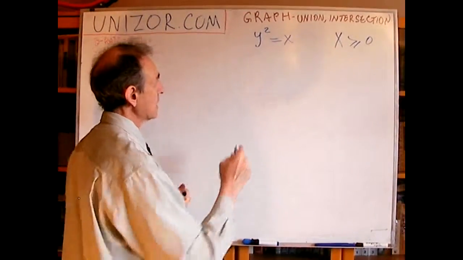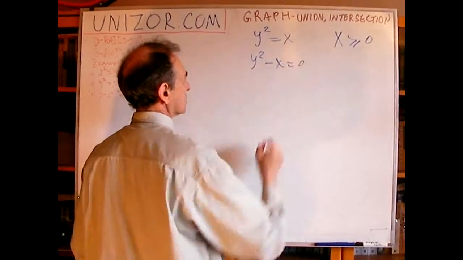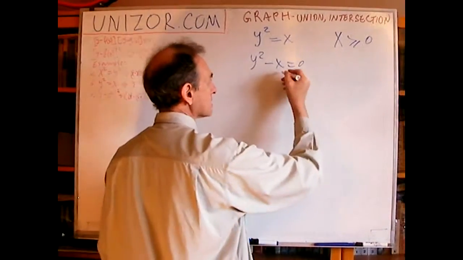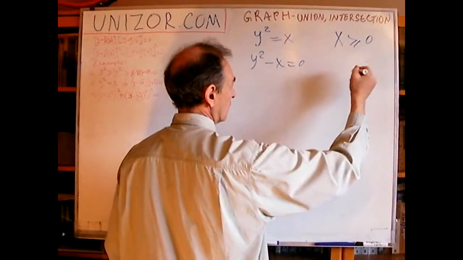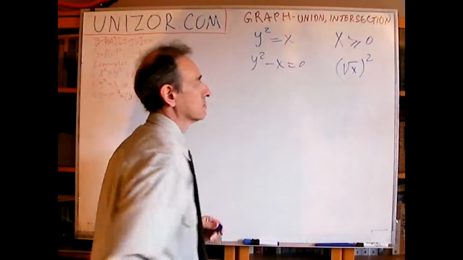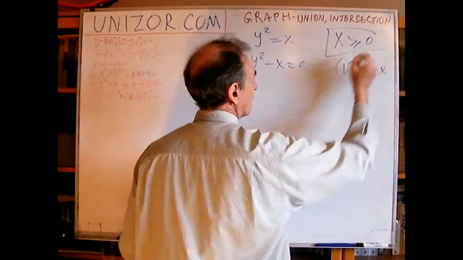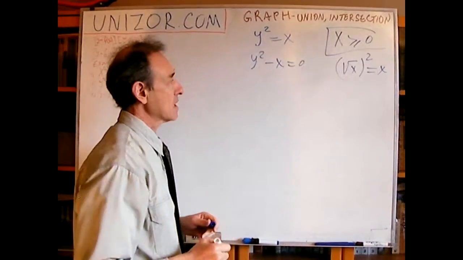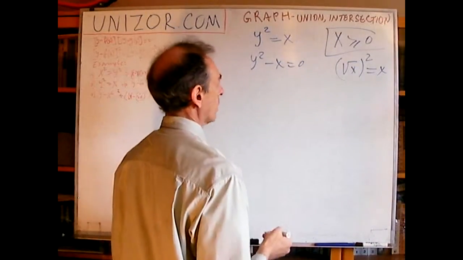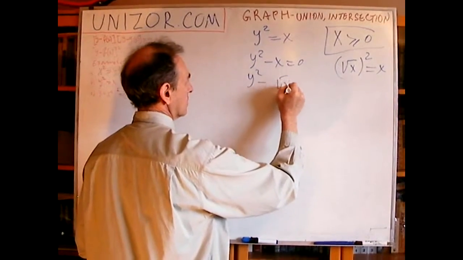What I can say is the following. y squared minus x is equal to 0. And x, for positive or 0 x, I can always represent as this. This is x for non-negative x: same thing, square root and then square. So that means I have this.